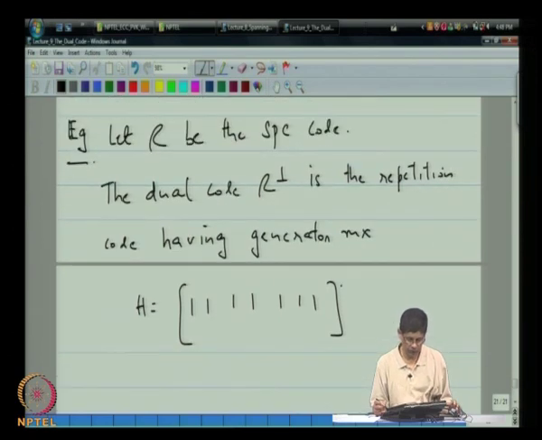Now, note one thing, I am calling this the matrix H because although it is the generator matrix for the dual code, our focus is on the original code, and we have already reserved the symbol H to denote the generator matrix for the dual code. So, that is the reason for calling it H. Now, what I am trying to explain through this example is why this matrix is called a parity check matrix for this code.